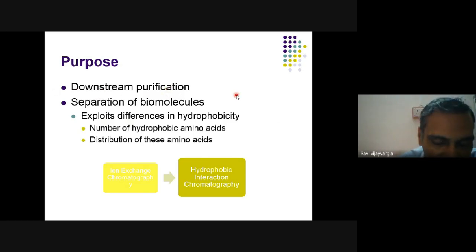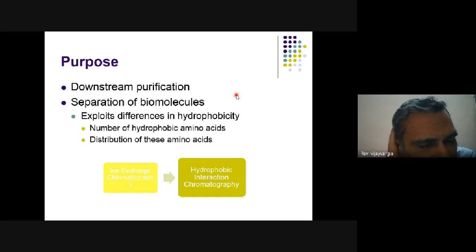Somebody was asking me yesterday that after gel filtration or ion exchange chromatography, if there are still some contaminating proteins, what can be done? So this is one way you can exploit the hydrophobic interactions to further separate them. That's why it is called a downstream purification technique.